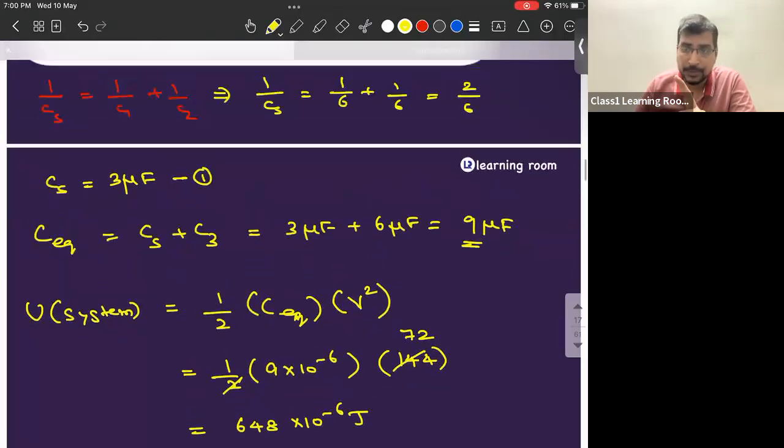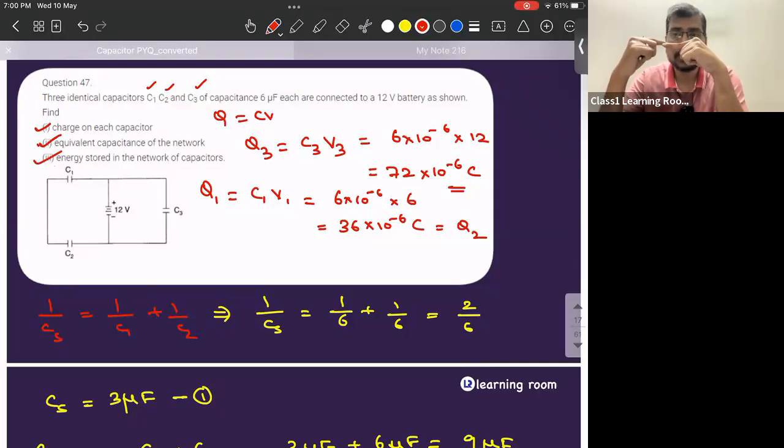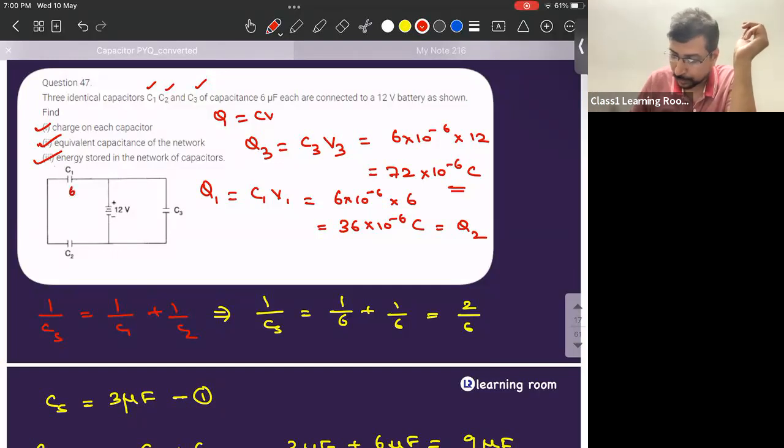You need to read the question very carefully. Here they told energy stored across the network. Instead, had they asked the energy stored across individual capacitors, then all you need is the capacitance of the device and the potential difference across this device. We already know the potential difference across all: 6, 6, and here it is 12.